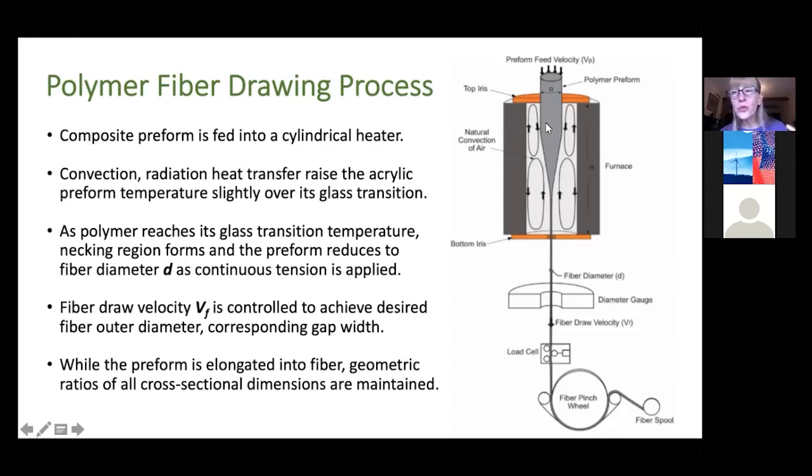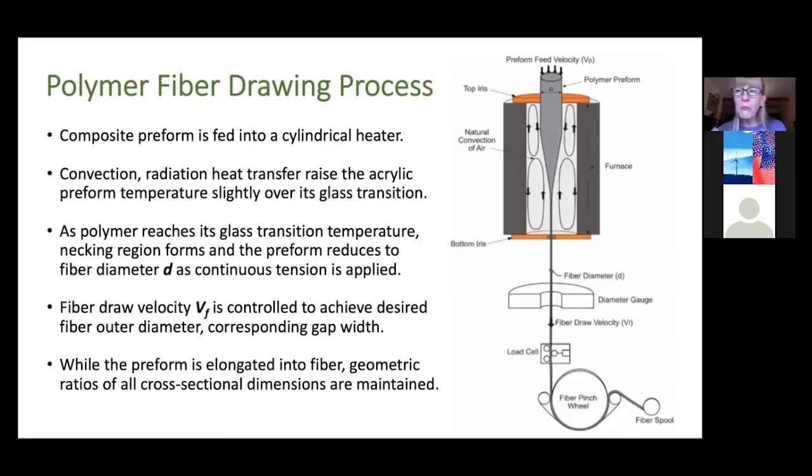Now, the oil was chosen such that it would not become volatile at the temperatures that we're drawing at. And for most of the polymers that we are processing, the maximum temperatures in the system are less than 200 degrees Celsius.